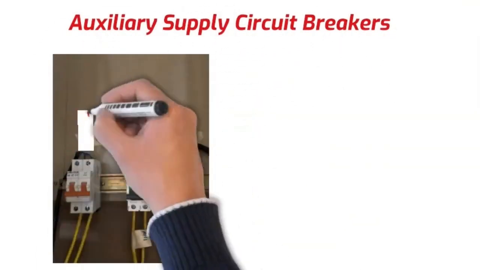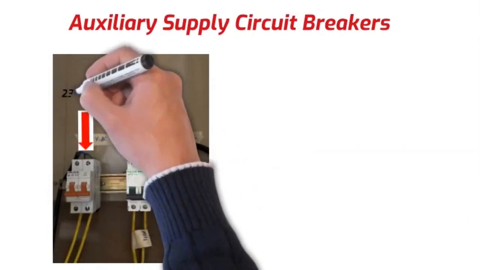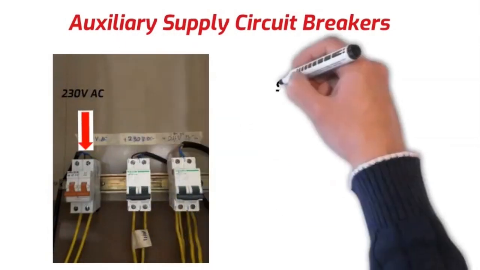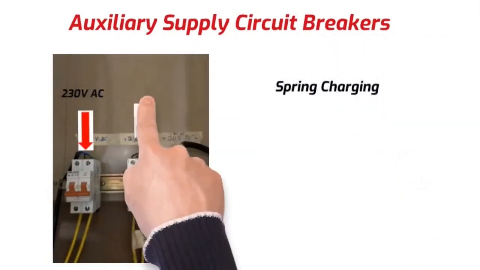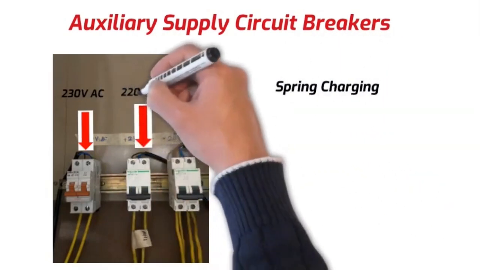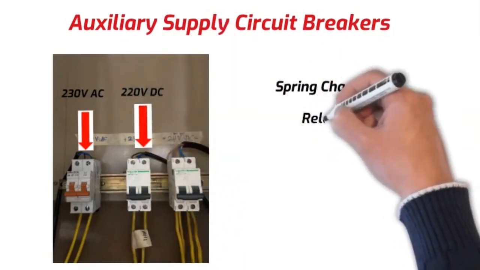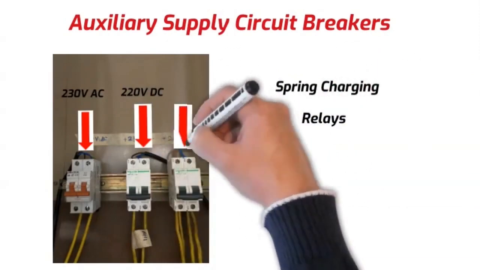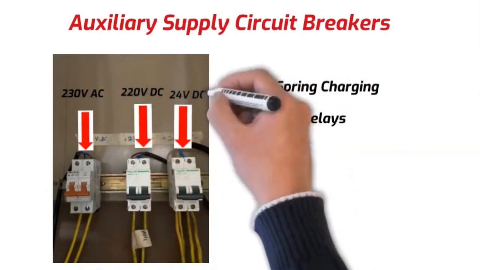The first circuit breaker is for the 230 volt AC supply used for the spring charging motors. The second circuit breaker is the 220 volt DC supply for relays. The third circuit breaker is the 24 volt DC supply for the indicator lights.